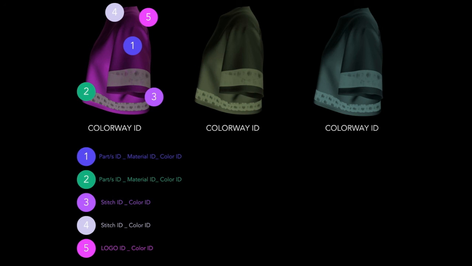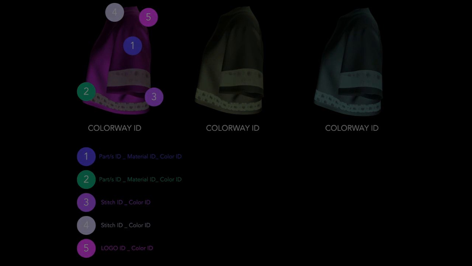You could have a stitch that's maybe green in one shirt and then in another colorway it's black. So the stitch would have the same ID because it's identifying that part of the workmanship, but then it'll be a different color, so you need to make sure you put that in. And yeah, so that's basically just a quick overview of the TechPack, and let's jump into SKETCHFAB.